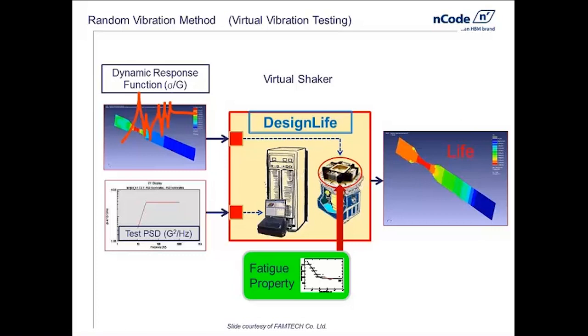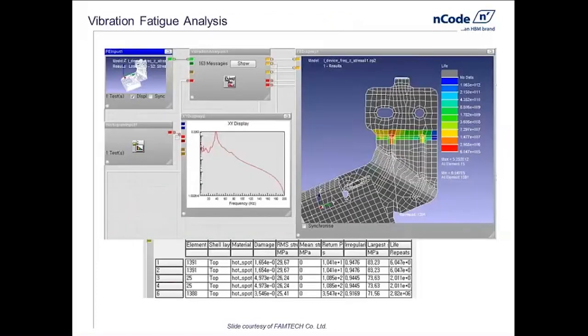Looking at this in a real case, I have a DesignLife process here. On the left-hand side are 2 inputs. The upper input is the FE results from this steady-state dynamics analysis. And again, that's kind of the transfer function. The lower input on the left-hand side is a PSD of excitation.